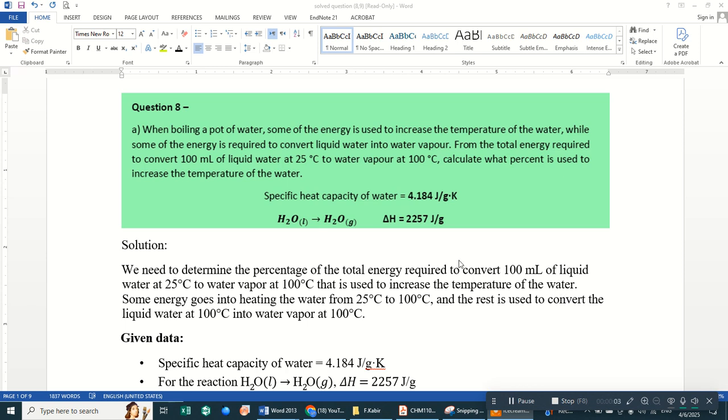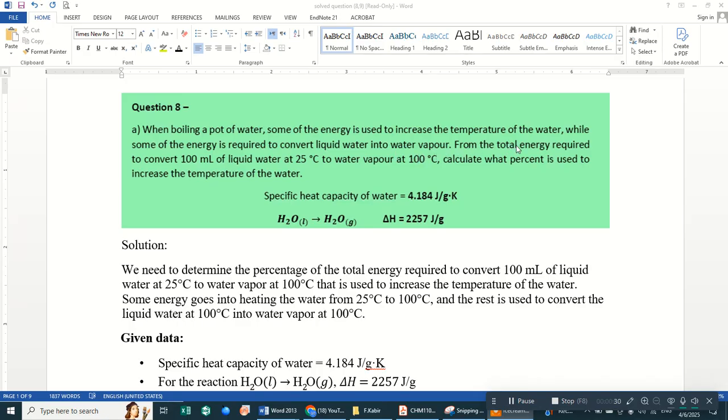How are you? Today we are going to introduce a very interesting numerical related to heat. What is that numerical? When boiling a pot of water, some of the energy is used to increase the temperature of water, while some of the energy is required to convert liquid water into water vapors.